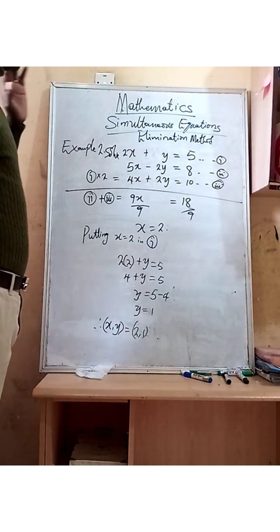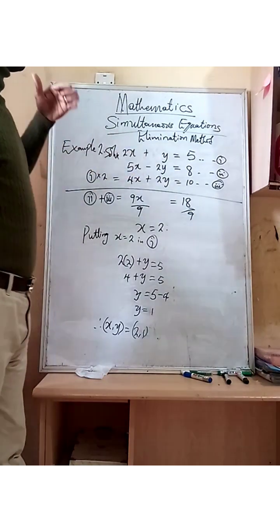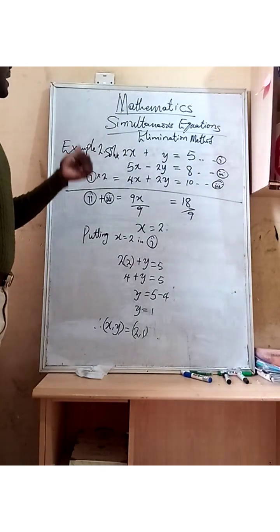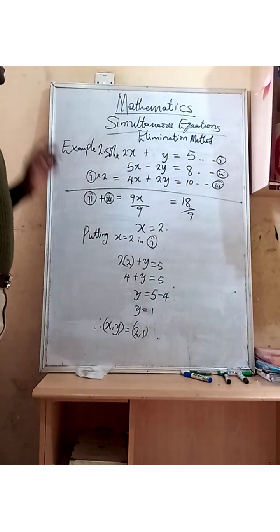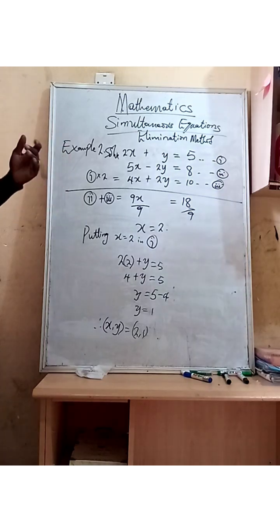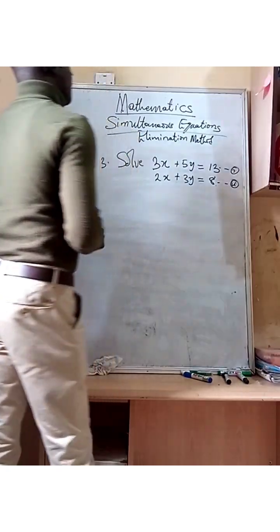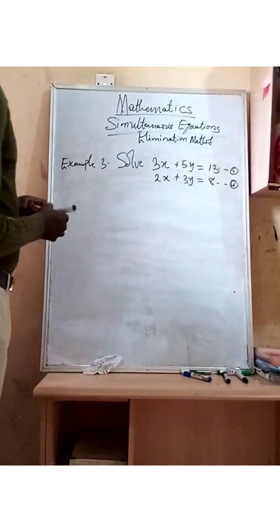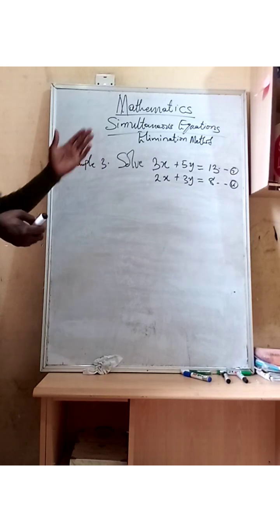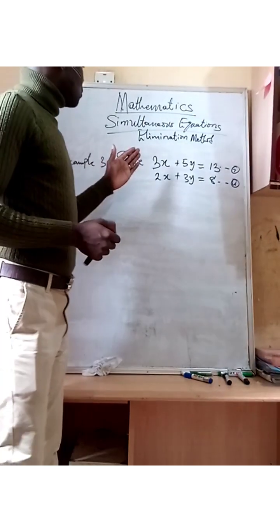Like I said, the positioning of this will determine whether we should apply the elimination method. Now, I will solve one more example of instances where we will decide to apply the elimination method. Okay, we may have something like this, and we'll be told to solve them.